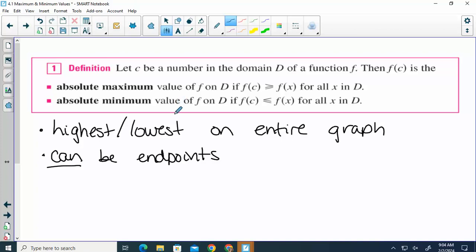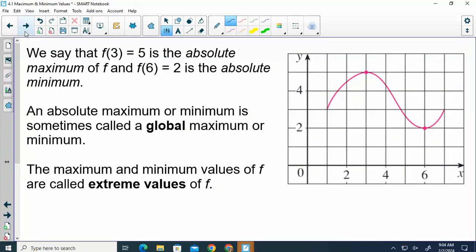There's different ways to write it. We can write it as an ordered pair, or we could say f of 3 equals 5, so when the x is 3, the y value is 5. When the x is 6, the y value is 2, which is the absolute min. You could say the absolute max is 5 and it happens when x is 3.